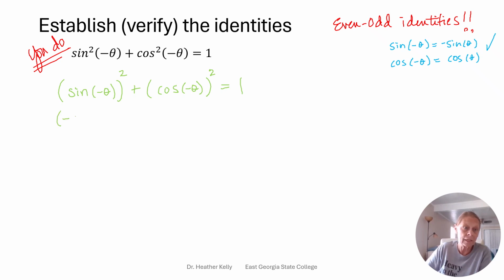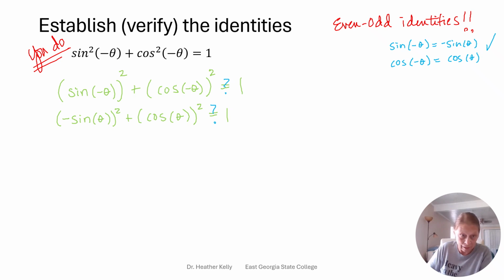So this gives us negative sine theta quantity squared plus, and that just goes away, cosine theta quantity squared equals 1. And remember, we want to know, is this true? Well, negative squared is positive.